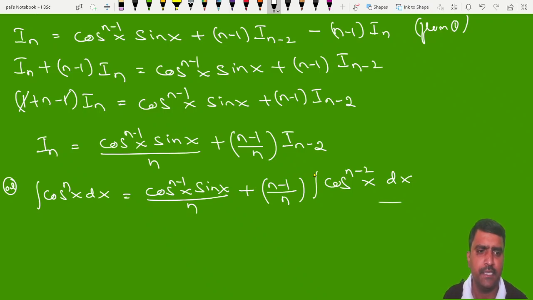Take this expression as 2. So actually this is the required reduction formula for cos to the power n x dx.